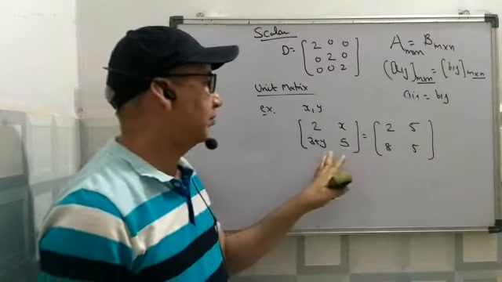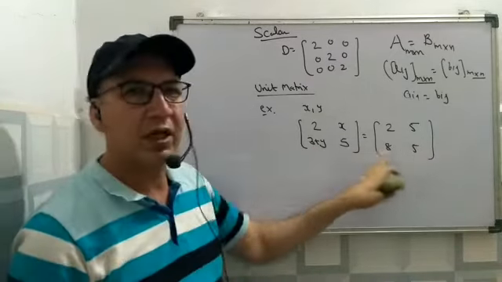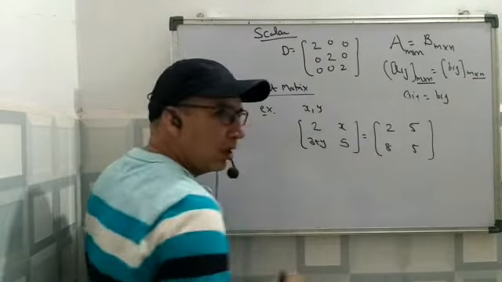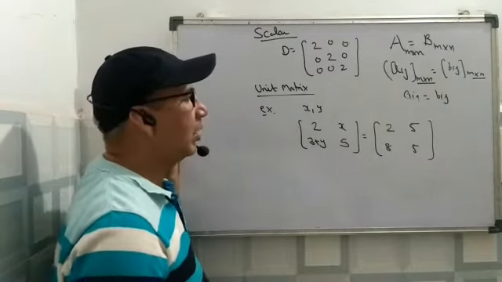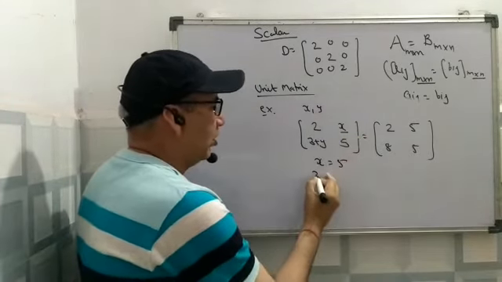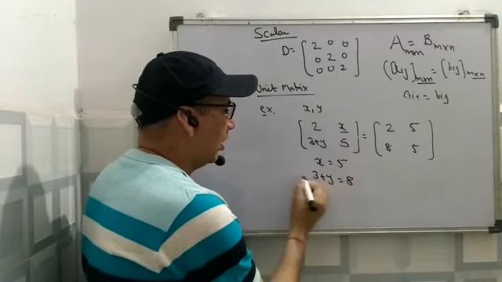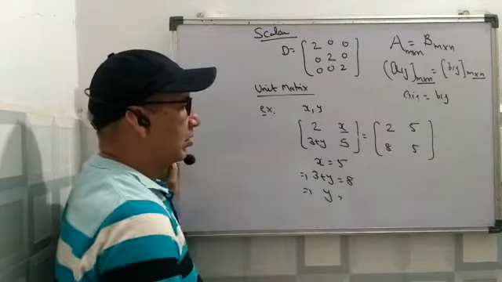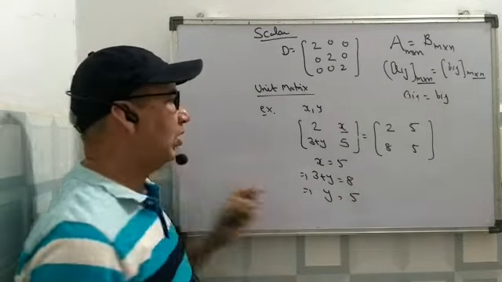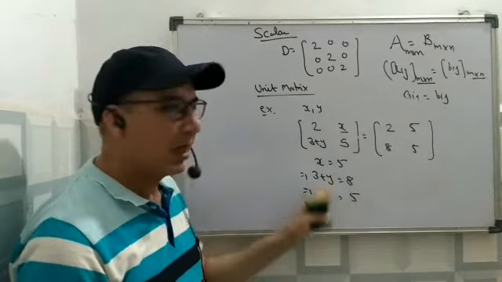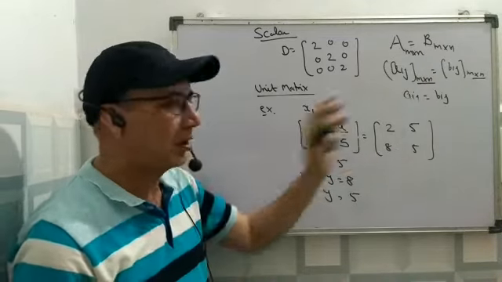You can see that these two matrices are equal matrices and their orders are equal, so obviously their corresponding elements are also equal. So x equals 5, and 3 plus y equals 8, so y equals 5. Compare these and get the values of x and y by comparing the corresponding elements.